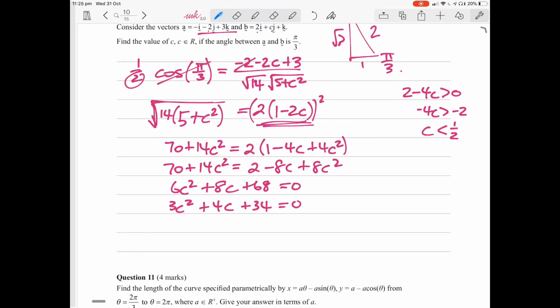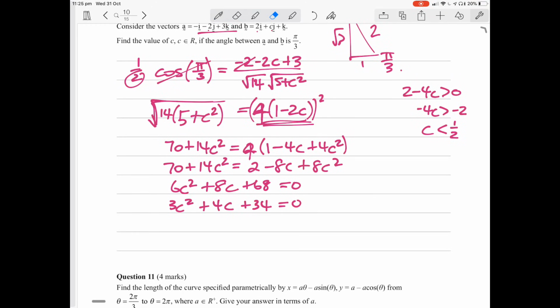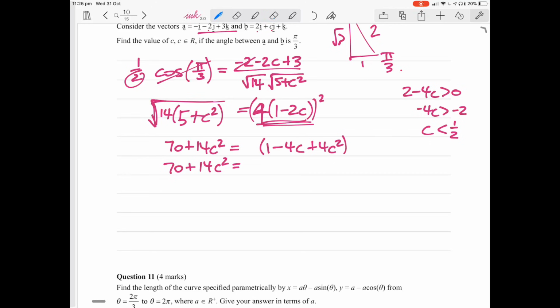Is that right? I forgot to square that, so that's 4. Let's go back and fix it up. Yeah, so it's not 4 there, but it is once we square it. So 4 minus 16C plus 16C squared.